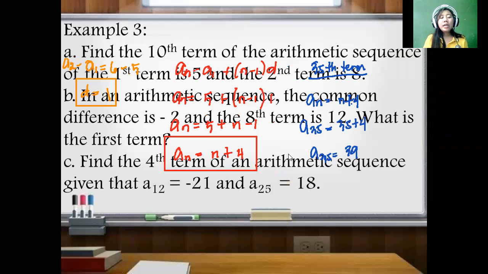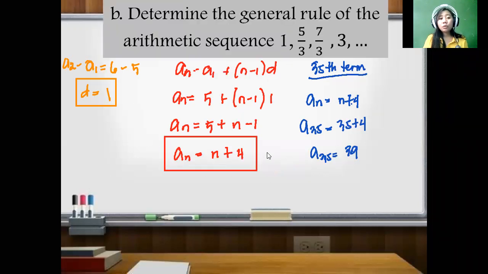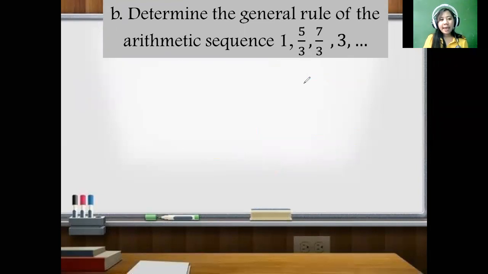Okay, so we need to determine the general rule of the arithmetic sequence 1, 5 over 3, 7 over 3, and 3. Okay, again, what is the first rule or what is the first step? We need the common difference of the given arithmetic sequence.